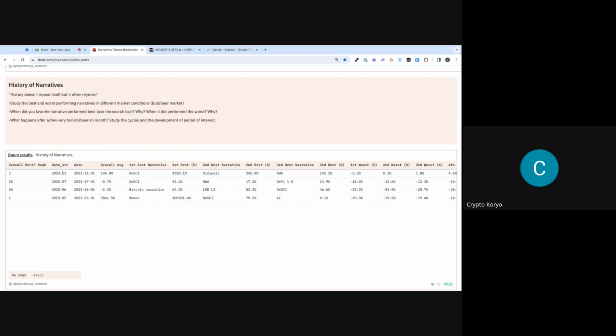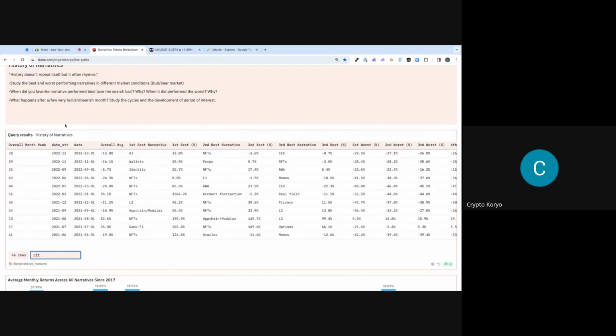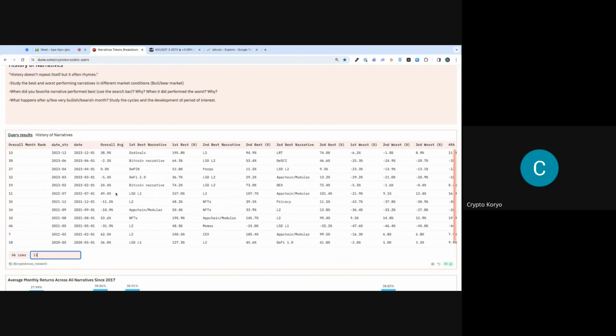So here we are around the 4-month mark. I mean, we have little data, right? DeFi is a narrative that just came in 2023, so we don't have too much data. If you look at other narratives like NFTs, you will see that they have many more rows here, so you have more data to work with, or L2s, etc.